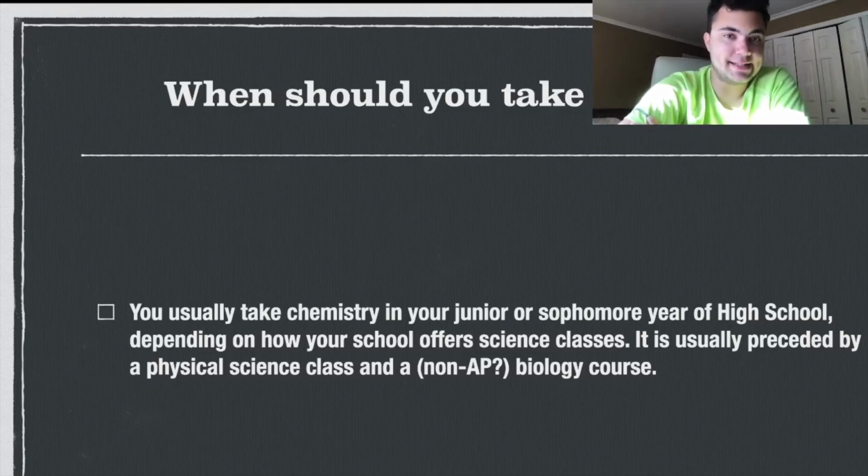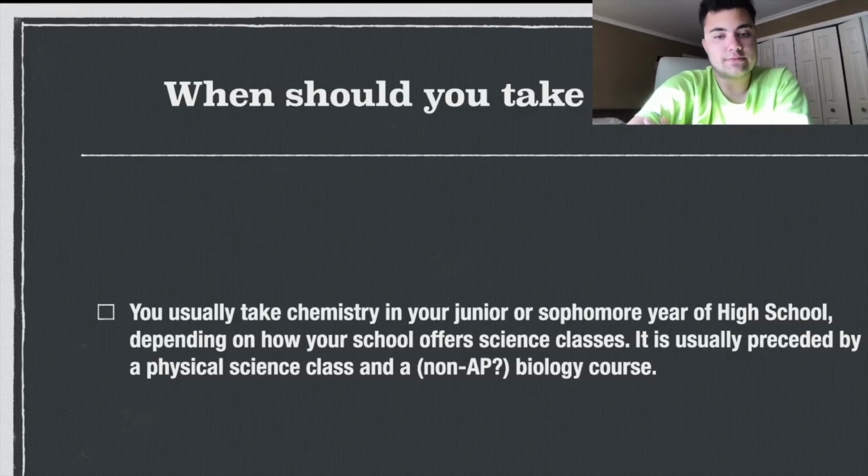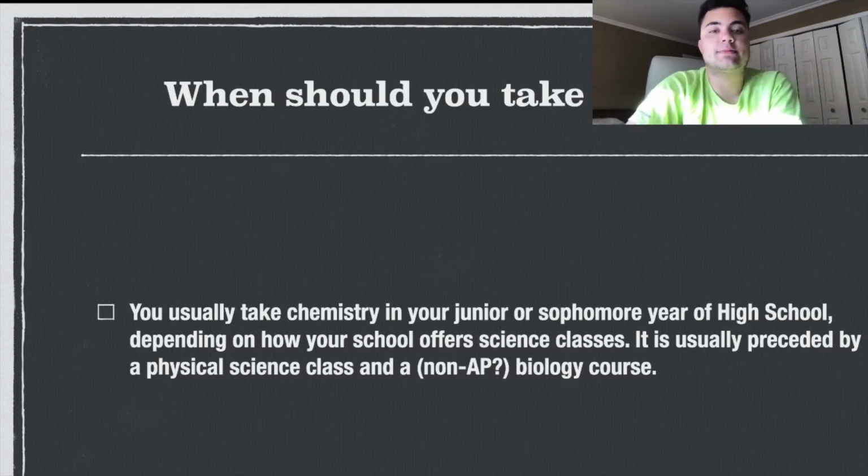I have non-AP there because it's very helpful to have chemistry before you go into AP Bio, because there is some more in-depth biochemistry and ideas from chemistry that carry over. So yes, you absolutely could take AP Bio without chemistry, but it would be much easier to grasp some of the concepts when you have chemistry under your belt.